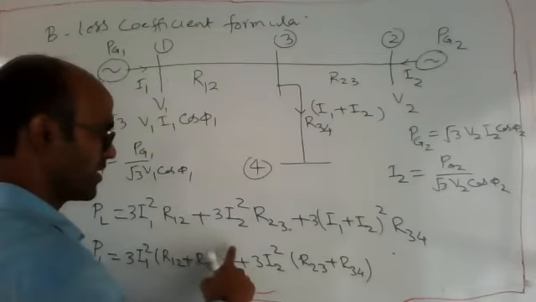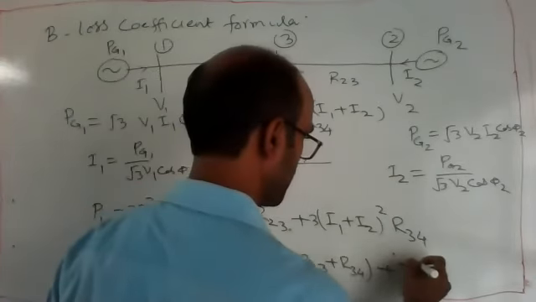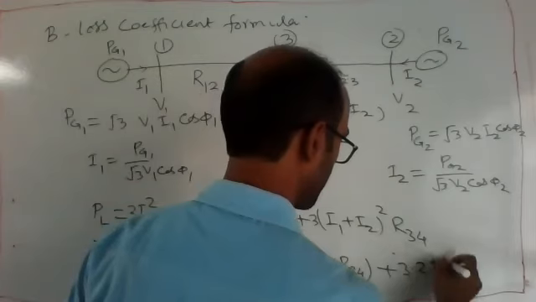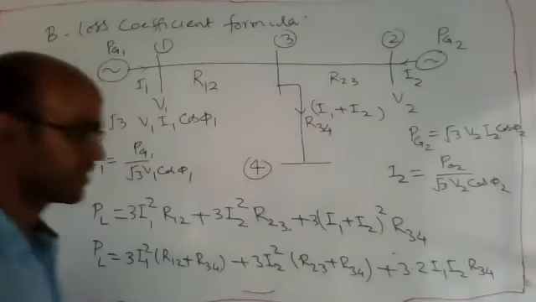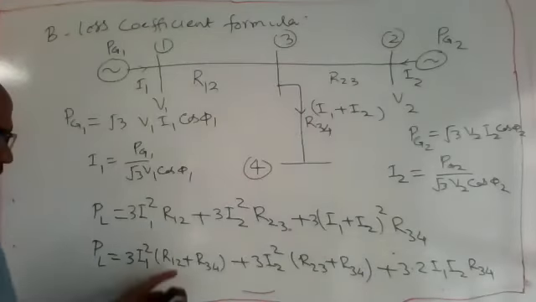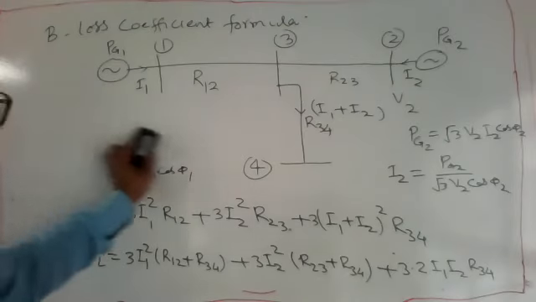Then, if you open it, 3 into 2 times I1 I2 R34. Now put the values of I1 and I2.